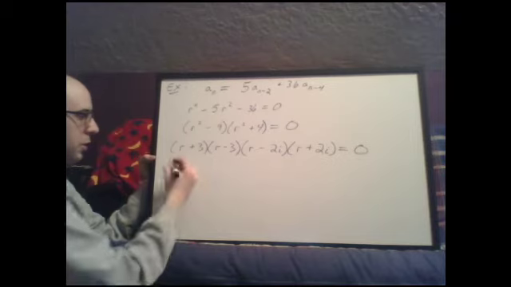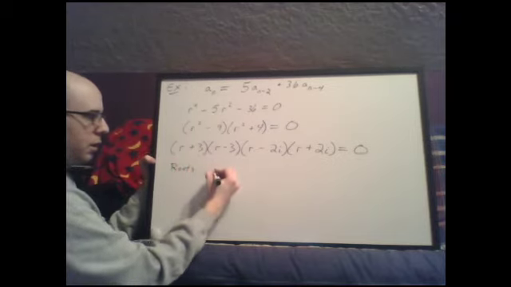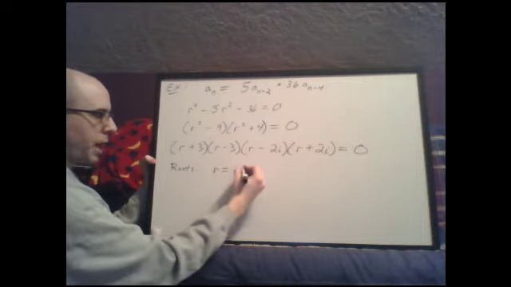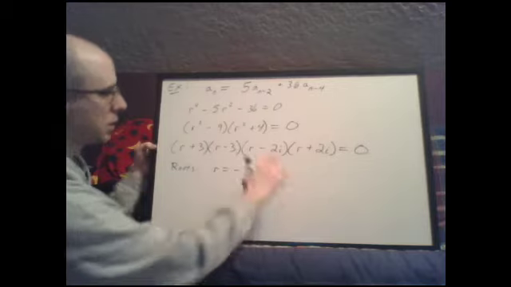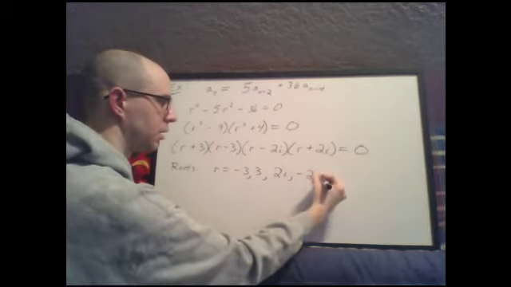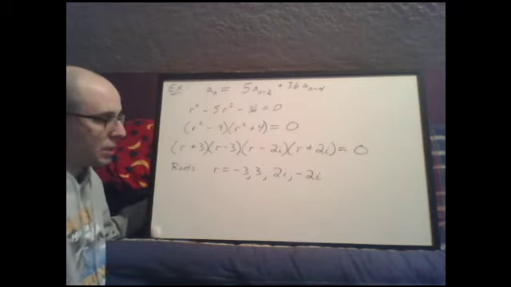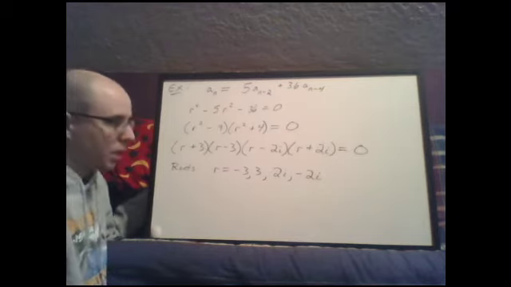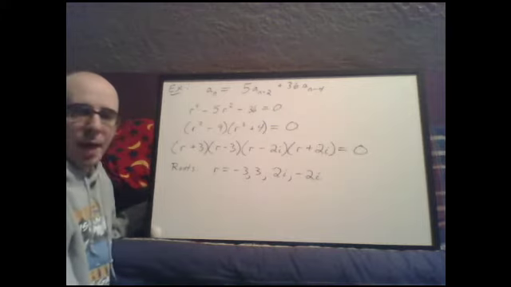So our roots are r equals negative 3, positive 3, 2i and minus 2i. One point I want to make with this example is, in general, some of the roots in these characteristic equations are going to be imaginary.